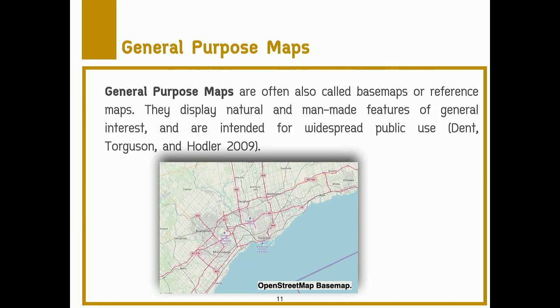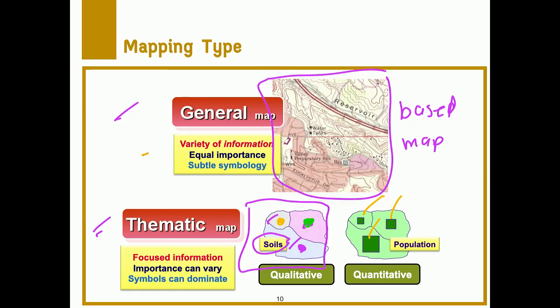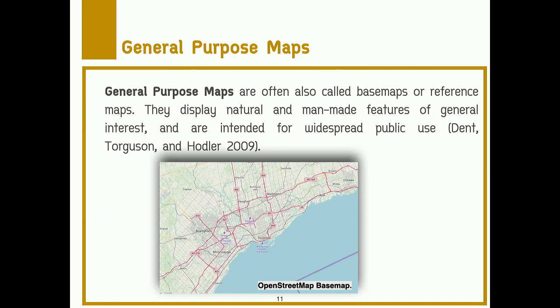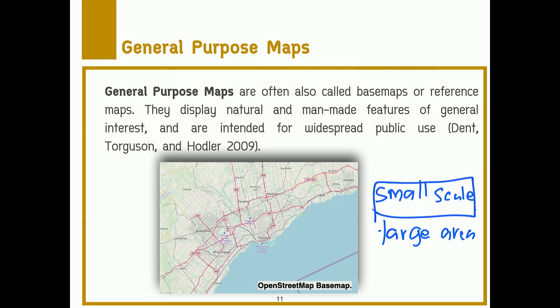So if we look into the general map purpose, the general map that I mentioned is often called a base map or reference map that can display natural or man-made features, right? And normally they will show as small scale mapping. Small scale means a very large area, which can contain any feature inside within one map.